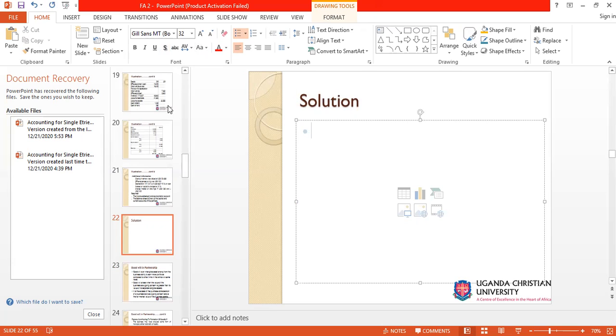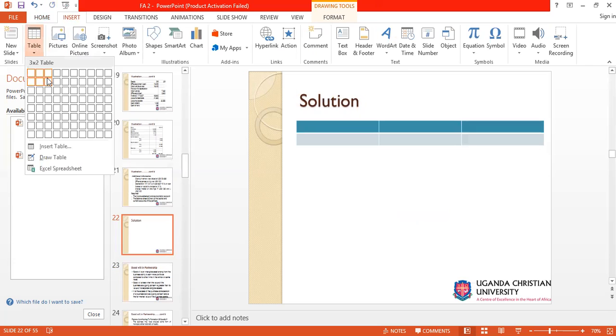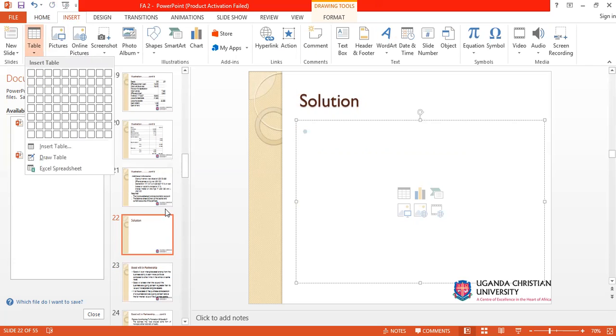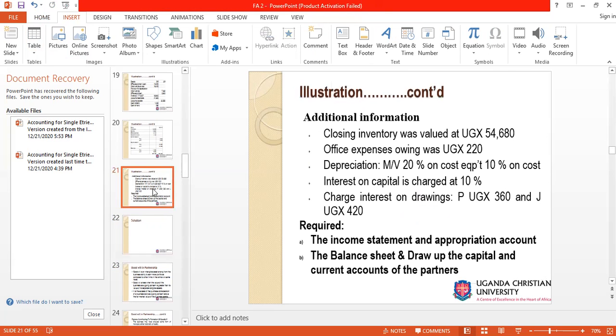Let's go to the solution. Remember, we are told to prepare the income statement and balance sheet. The procedure here is you first prepare the income statement: sales, less cost of sales, get gross profit, less operating expenses.